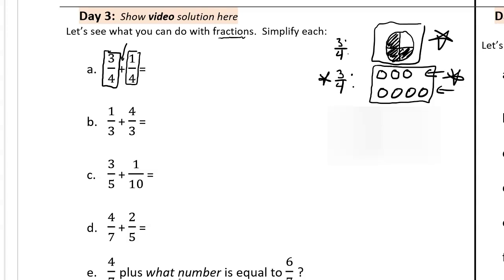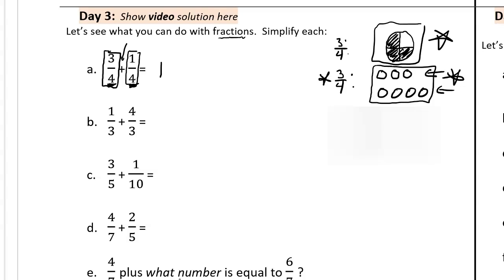Question A, 3/4 plus 1/4 would be 4/4, which is equal to 1. In this problem, because the denominator numbers were the same, 4 and 4, I was mentally thinking of the problem in terms of that first example about the pizza. If I have 3/4 of a pizza and then in addition another 1/4 of the pizza, I have in total the entire pizza.